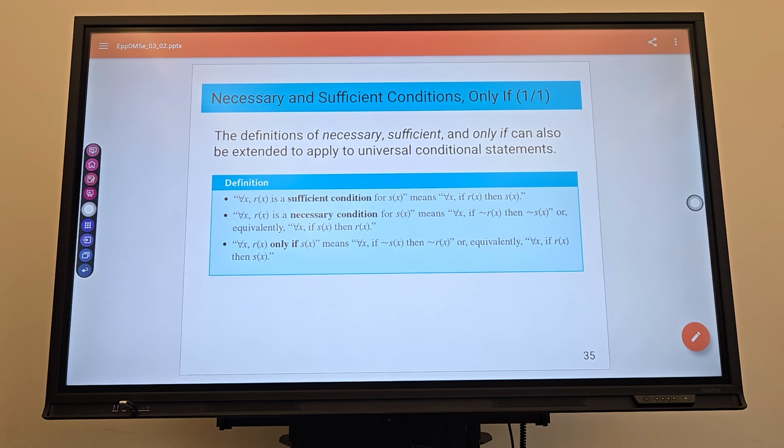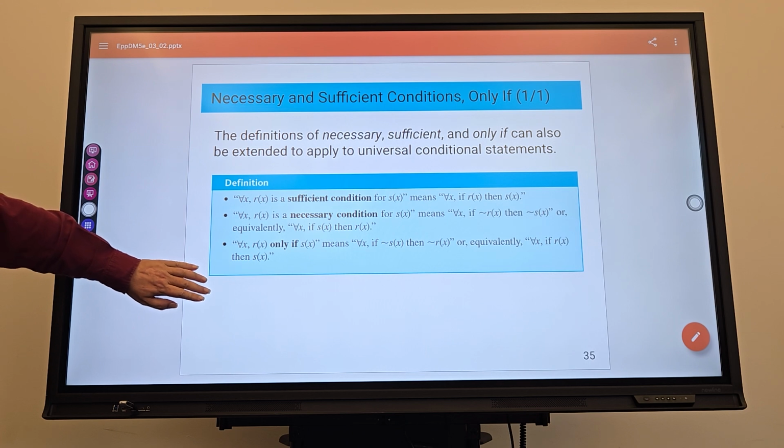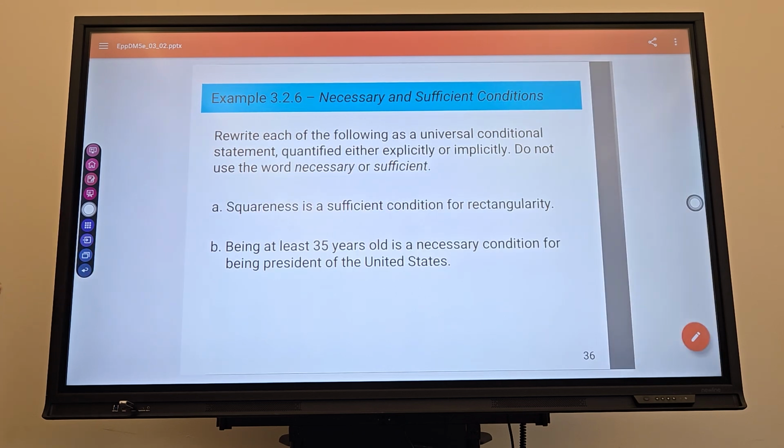So, good rules to follow for writing things less formally. Rewrite each of the following universal conditional statements, quantified either implicitly or explicitly. Do not use the word necessary or sufficient. Squareness is a sufficient condition for rectangularity.